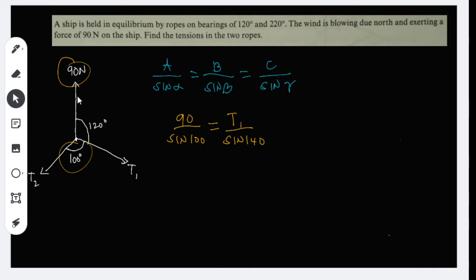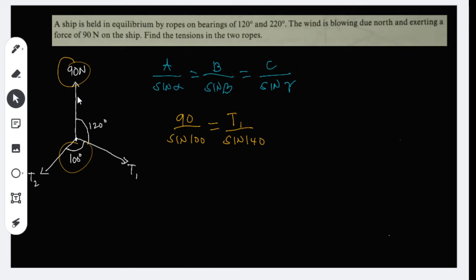Remember that one complete revolution is equal to 360 degrees. So this is just 360 minus 120 minus 100. 120 and 100 will be 220, so to get this angle, it will be 360 minus 220.